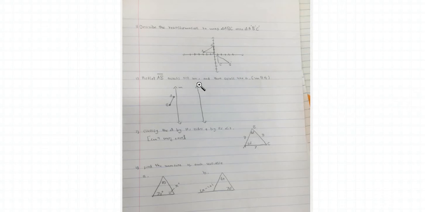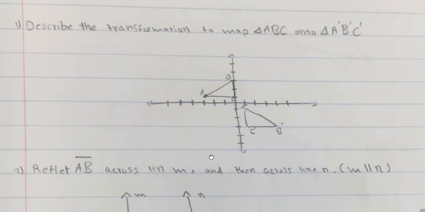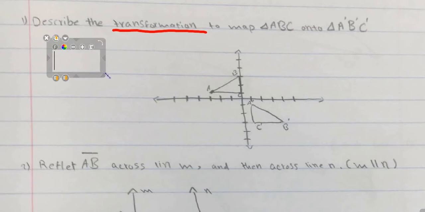Okay, now that we have those concepts reviewed, let's take a look at these. Okay, so it says describe the transformation. Now remember, there's 4 transformations possible. Let's list them. I'll type them so it's easier for you to read.